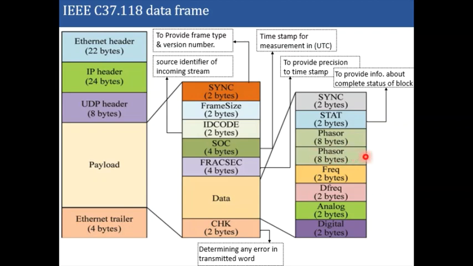The second block may contain current phasor information. Then we have frequency information, rate of change of frequency information, and analog as well as digital information which you want to share along with the phasor data. So this is how the data frame of the phasor measurement unit is created and transmitted over the network.